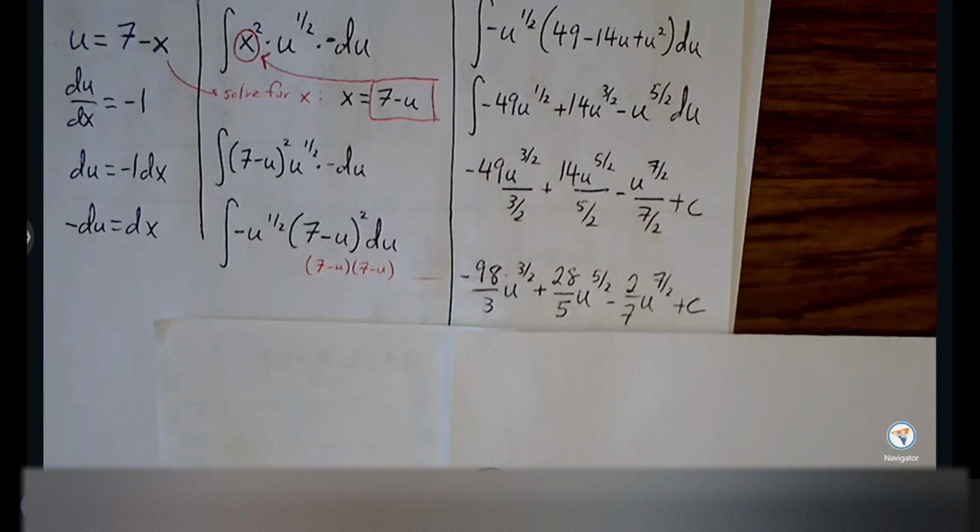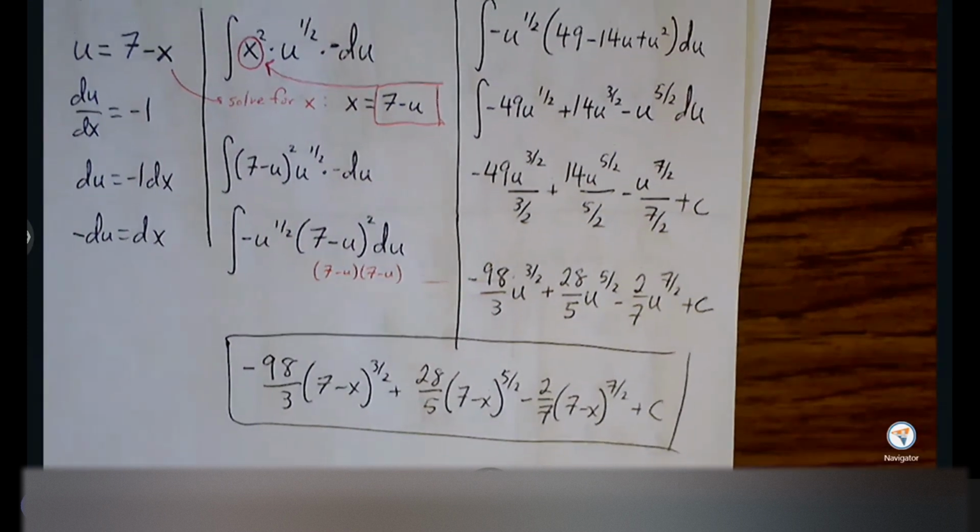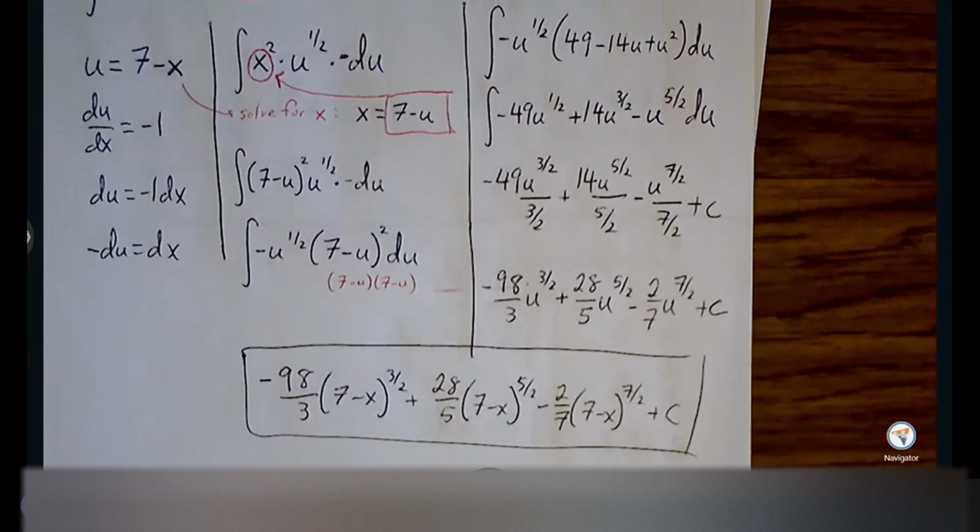And once you have everything resolved, don't forget your u variable is only temporary. You got to bring it back in terms of x. Okay, I'll stay on this page for a while so you guys can copy this down.